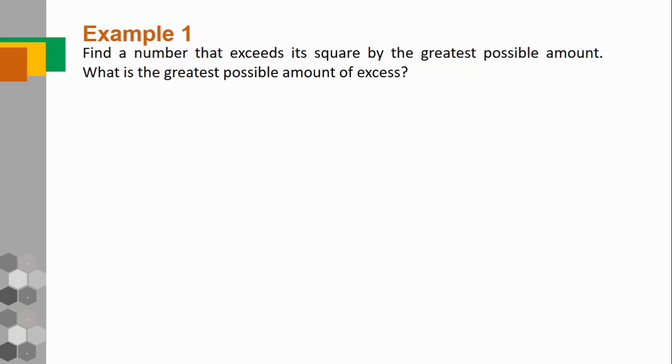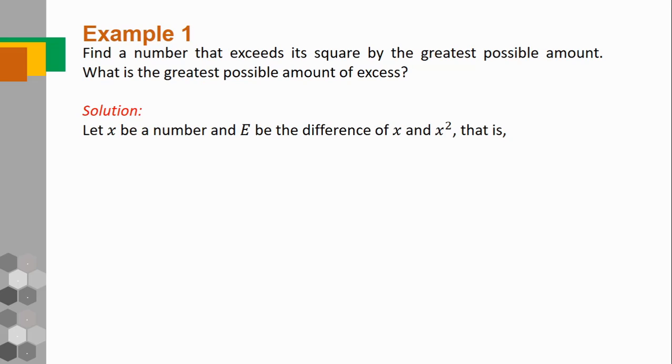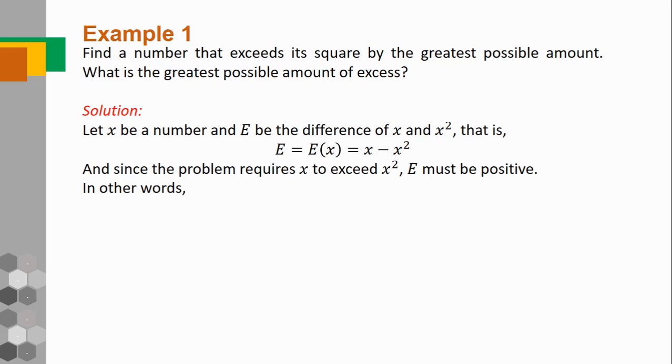Find a number that exceeds its square by the greatest possible amount. What is the greatest possible amount of excess? First, we let x be a number, and e be the difference of x and x squared. That is, e of x equals x minus x squared. And since the problem requires x to exceed x squared, e must be positive.